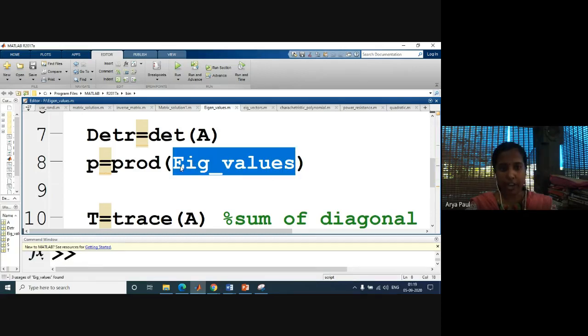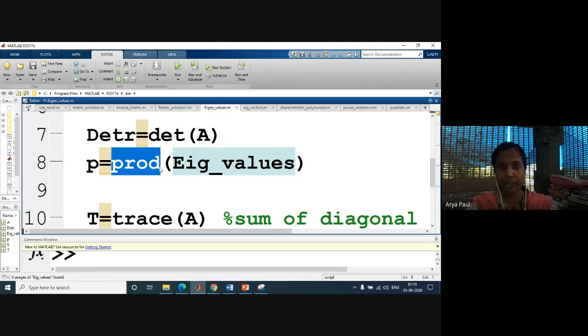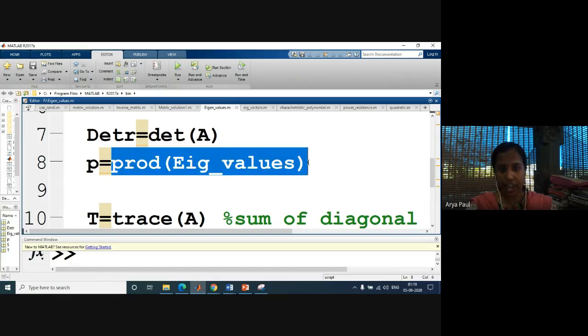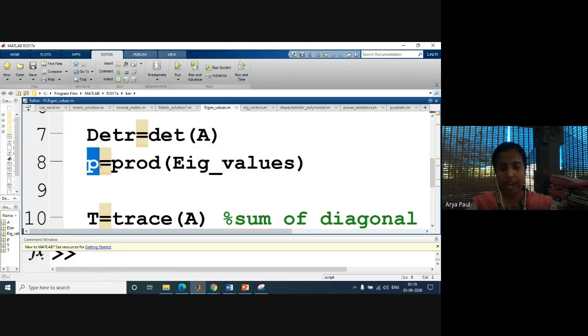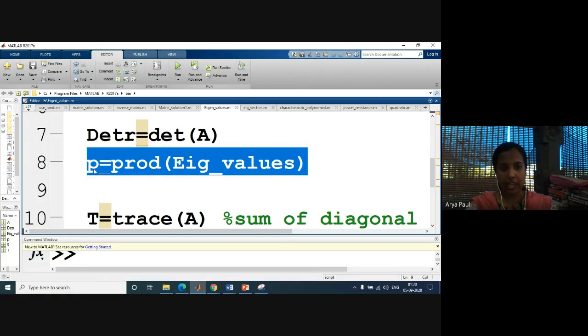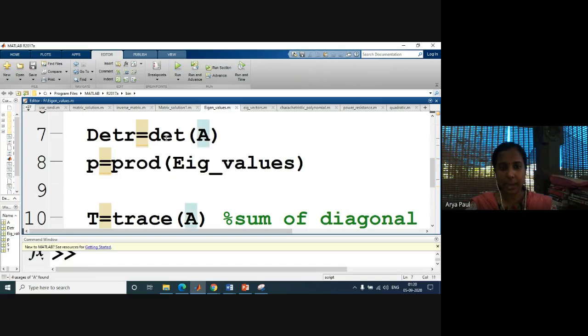Just like your sum, I am assigning the product of the eigenvalues to a variable P. The product of the eigenvalues will be the same as the determinant of A. How can you find the determinant? det is a function used for finding the determinant of a matrix. So det of A will be the same as the product of eigenvalues.